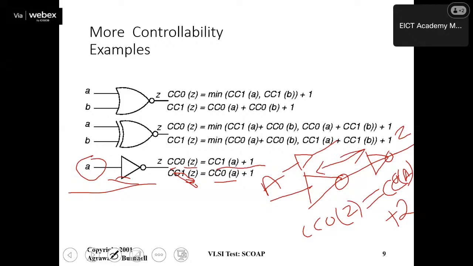If I consider this as the X branch, first of all I will get CC1 for X. Then again, I will apply the formula: CC0 for Z is equal to CC0 for X branch, meaning this much plus one more 1. So definitely I will have CC0 of A plus 2 for buffer.